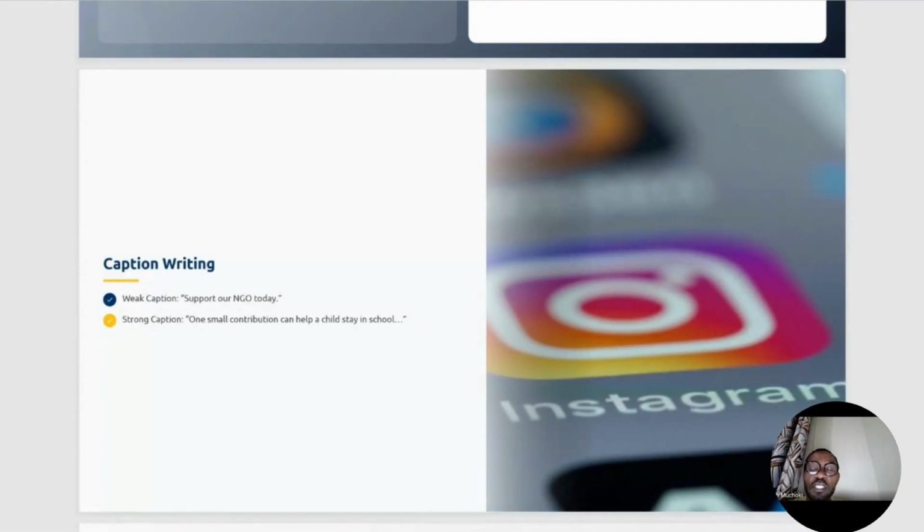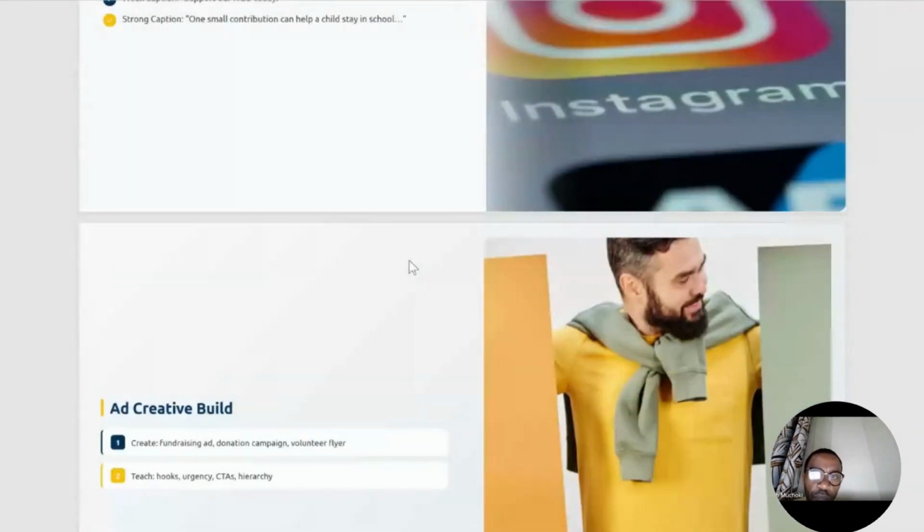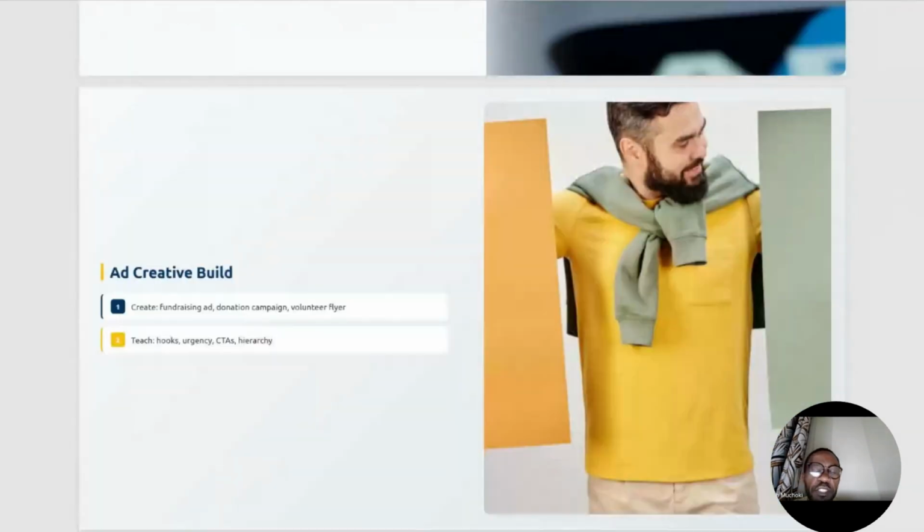Actually, we normally say if you don't know copywriting, you really don't know how to market. You're not a marketer if you don't know copywriting. There's a lot of science around it, human psychology and all that. And copywriting is not just text. Even the words you put on an image, the words you put on the website, that's still copywriting.